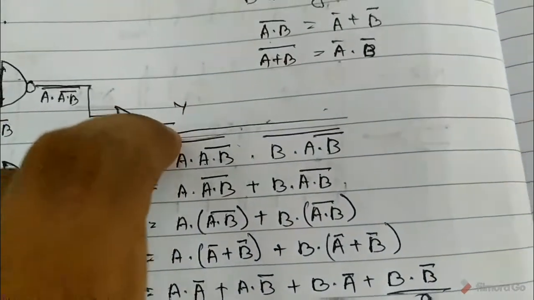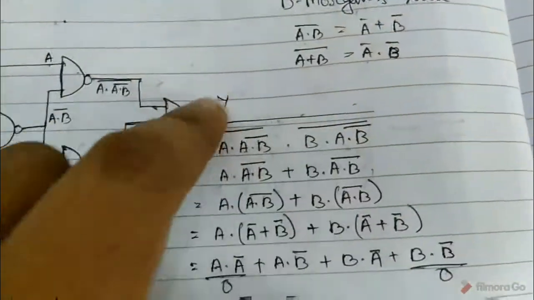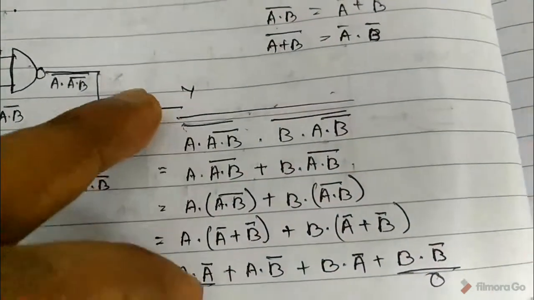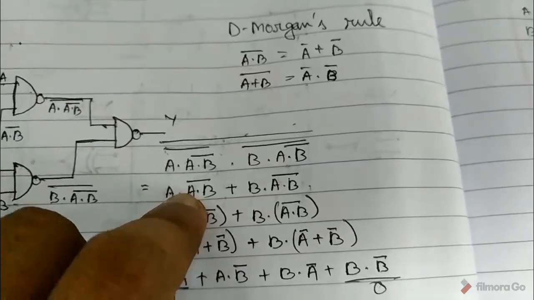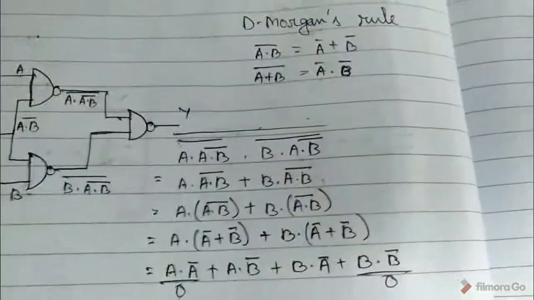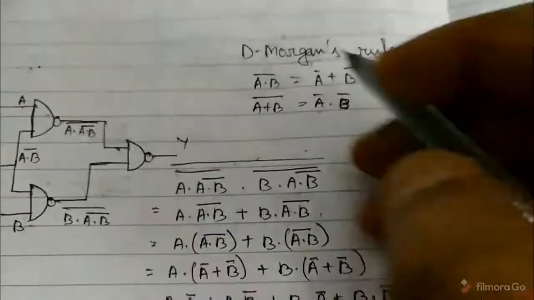and we are getting another bar also for the NAND gate. And from De Morgan's theorem we can write this. We have applied this theorem.